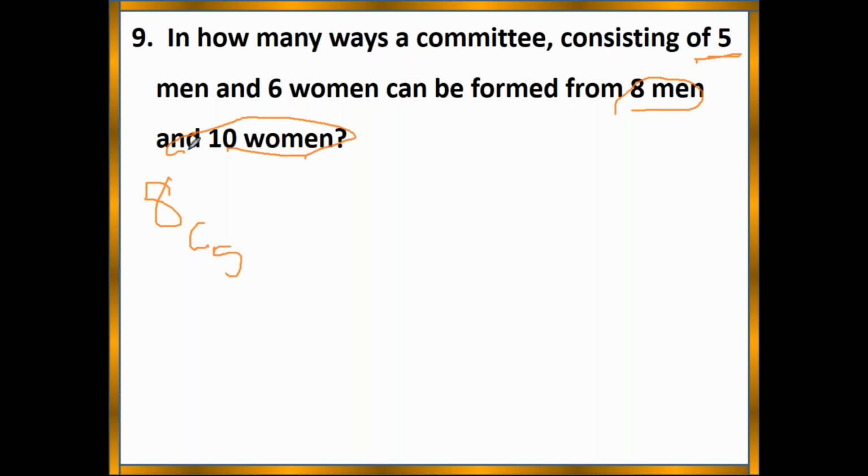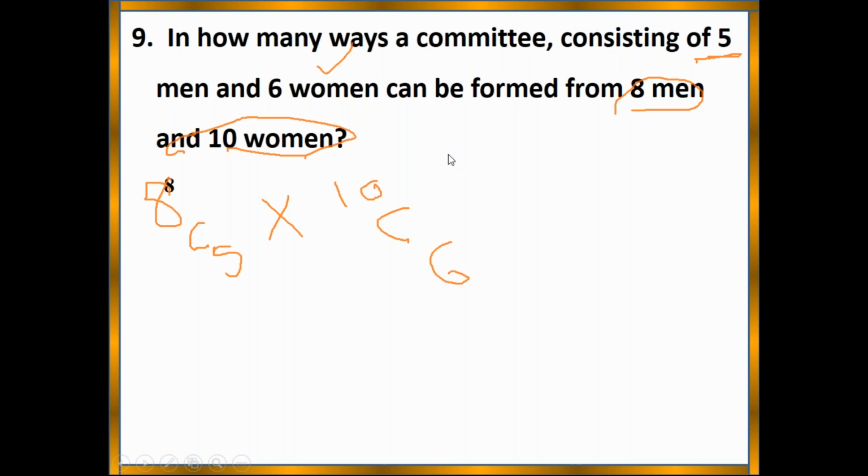Out of 10, we have to form a committee with 6 women, nothing but 10C6. Okay, these are the possible ways. But the men committee is different and the women committee is different, so combination is compulsory. The committee with 5 men and 6 women: 5 men committee and, means into, 6 women committee. 8C5 into 10C6 is the answer.